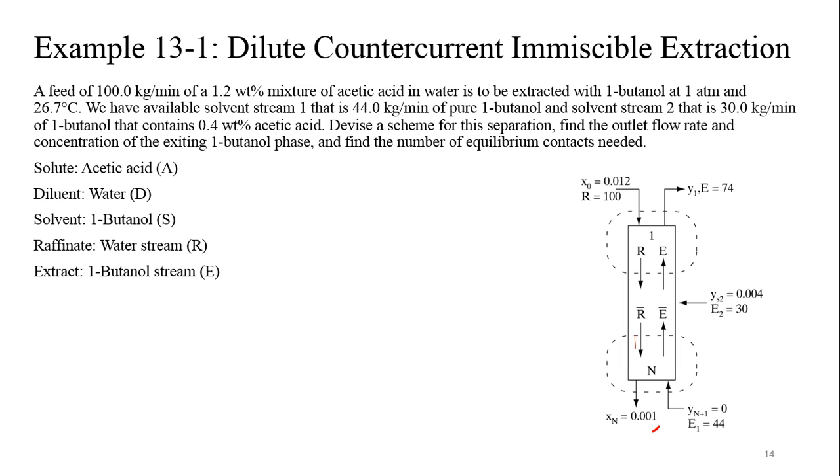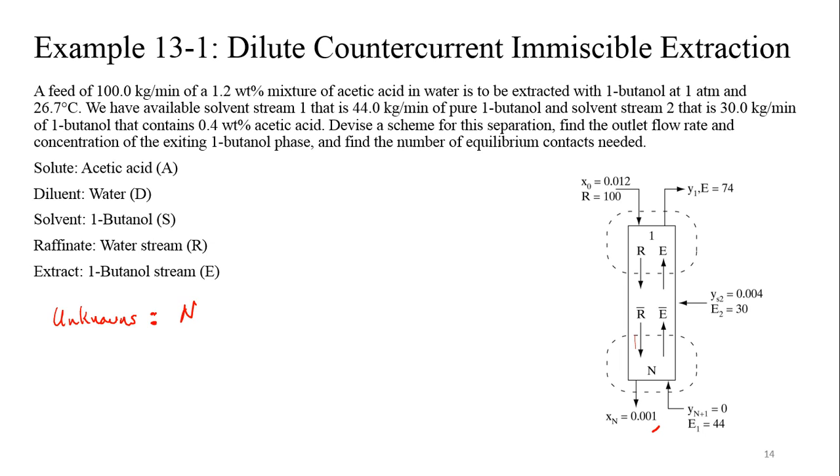So we've settled on some sort of a scheme over here where we're feeding the solvent in at two different locations. What are we trying to find? We're trying to find the number of equilibrium contacts, right? So if I was thinking about the unknowns, certainly it would be N, right?